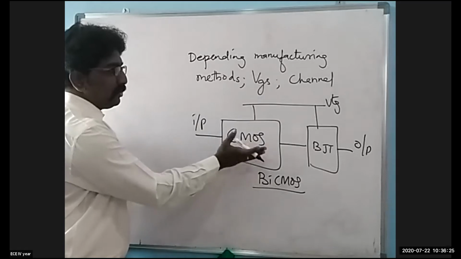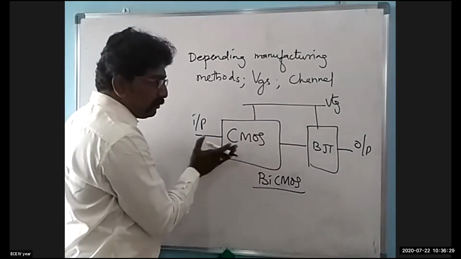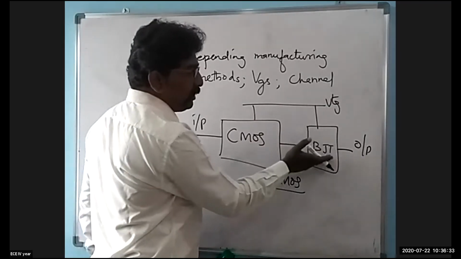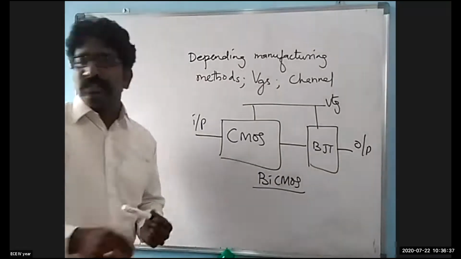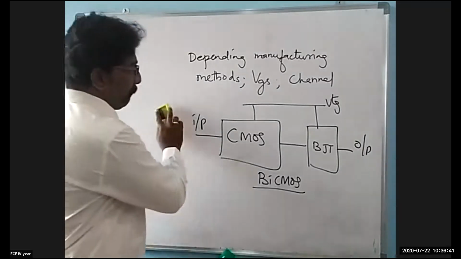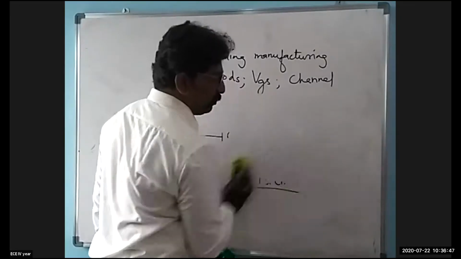The CMOS structure is used to design the input part, and this input part will give some output that acts as an input to the BJT, and the BJT will feed out the entire output of this structure. So this is the simple symbolic representation of BiCMOS. Is it clear now? Yes, sir. I hope my voice is clear now.